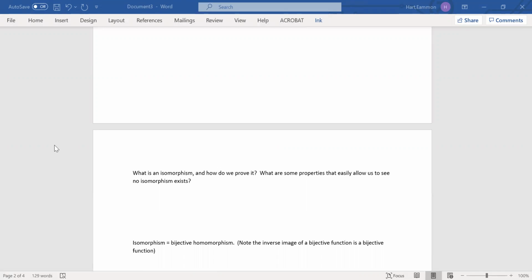People, list off some properties that can easily tell you that there is not an isomorphism between two groups. Yeah. So if the size of the two groups is different, then clearly they're not going to be the same group.